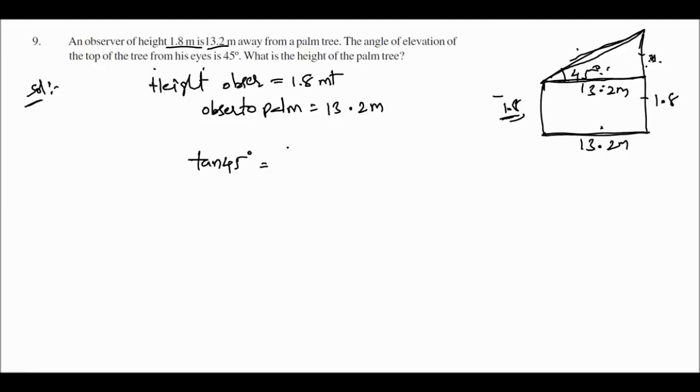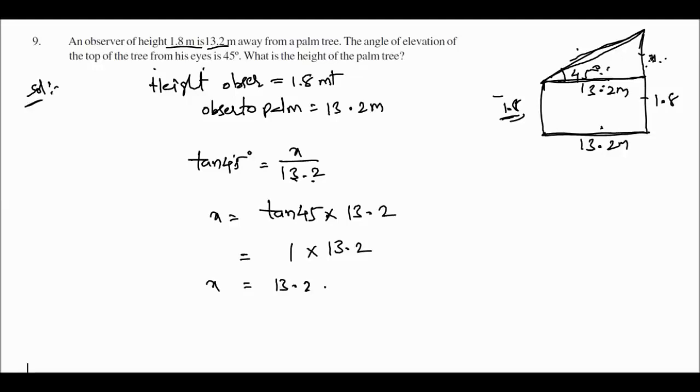Tan 45 is equal to opposite by adjacent. Opposite means x, divided by adjacent means 13.2. So x is equal to tan 45 into 13.2. Tan 45 is 1. So 1 into 13.2 meters. So x is equal to 13.2 meters.